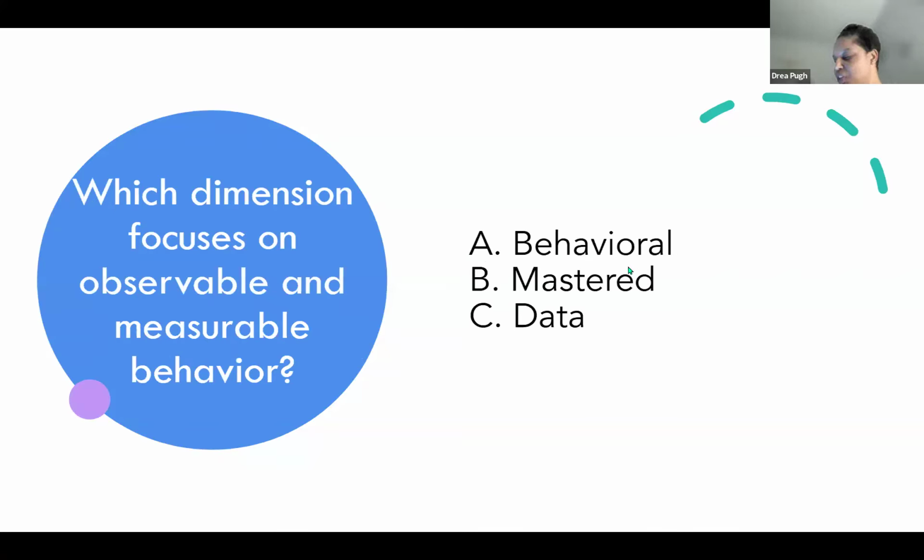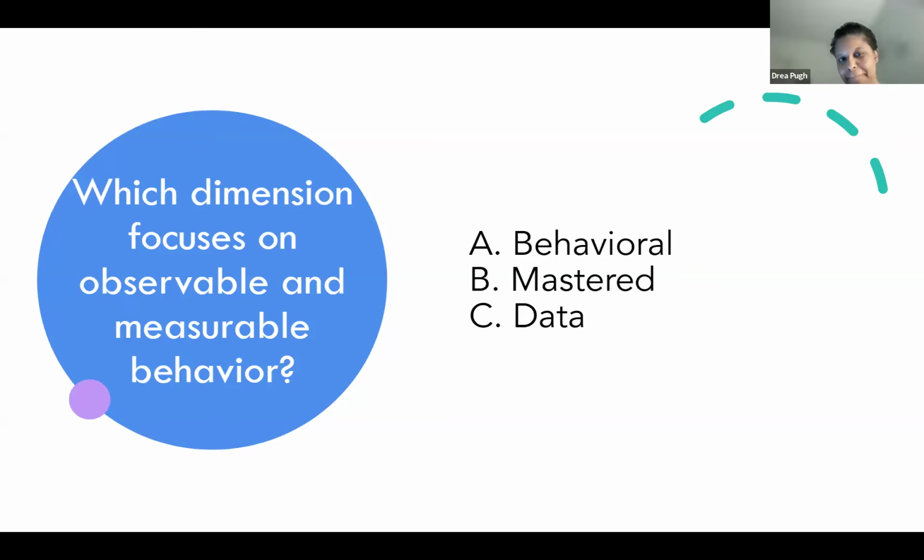Which dimension focuses on observable and measurable behavior? C. Either C or A. Tell me why. The only reason I want to say C is because you're collecting data based on a behavior the client is giving. But at the same time, I want to say A, because in order to measure the behavior, you have to see what the behavior is first and what causes it.